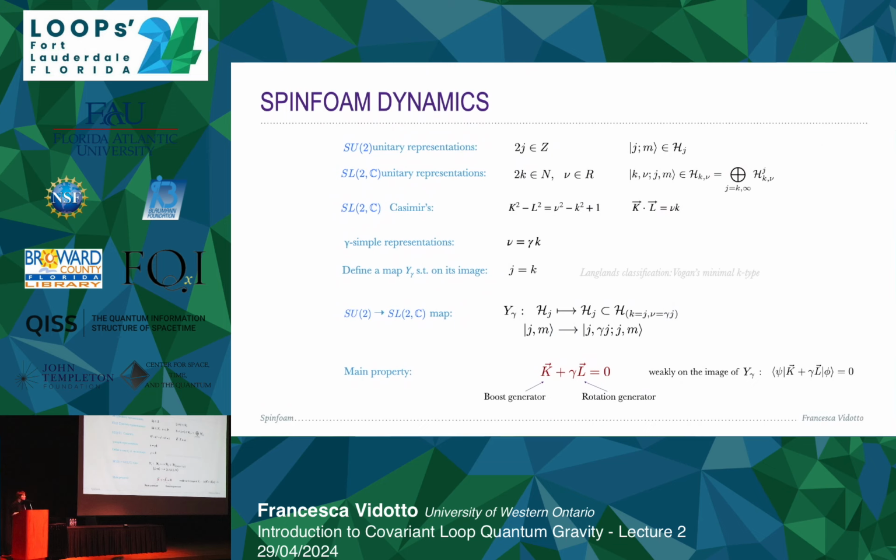What's the question there? Okay, so I think I lost something. I didn't follow. Why do you go from SU2 to SL2C? Well, this is the motivation. We started with a description of a Hilbert space in which we have a fully covariant description in terms of wave functions valued in the Lorentz group.